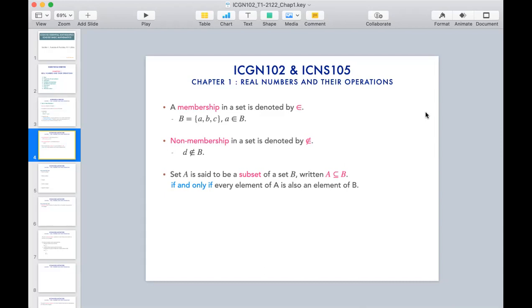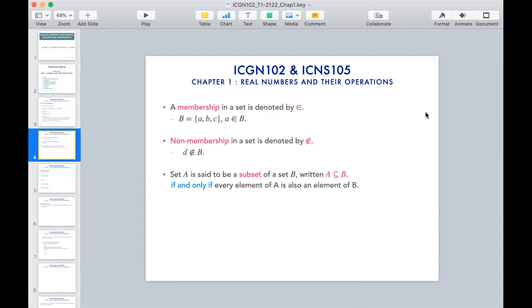Set A is said to be a subset of set B. We write it down with a capital letter C with a small line under it.